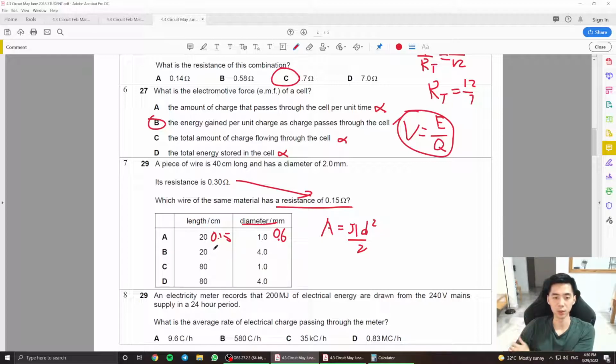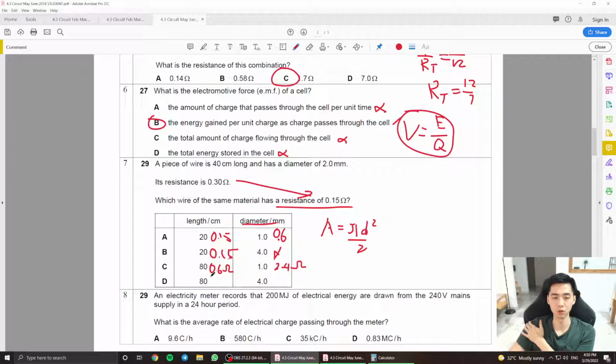Yet again, this one here, 0.15, and then the diameter doubles up, right? If it doubles up, it quadruples down the resistance. So this is not logical as well. From the length here, if it doubles up, it's actually going to become 0.6 ohm from here times 2, right? Then when the diameter doubles up, you're going to quadruple down the resistance, which is going to be 2.4 ohms here.